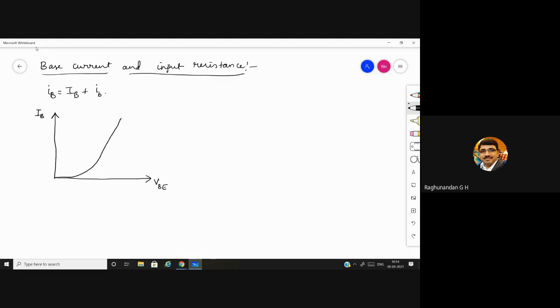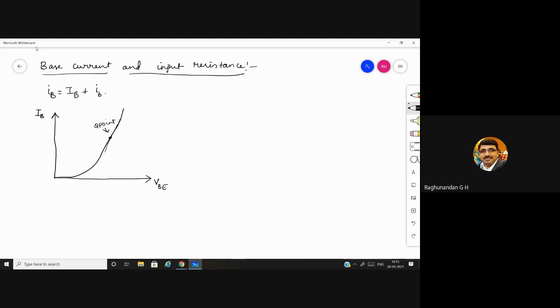This is one such graph we are getting, and let us assume the Q point is here. This is the Q point. So this is our slope.